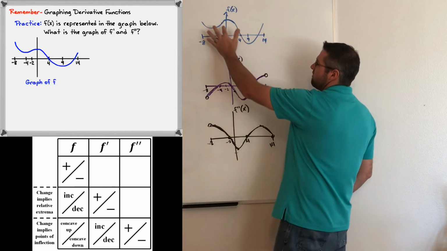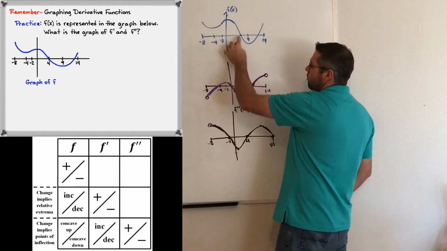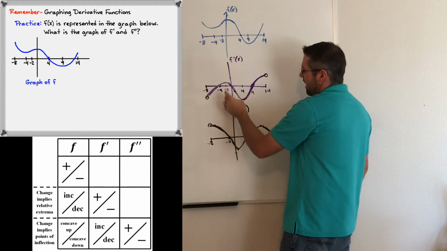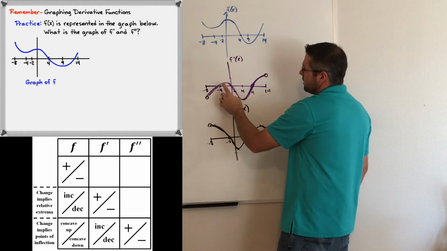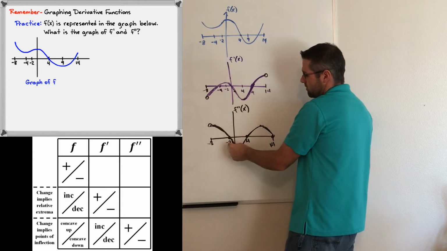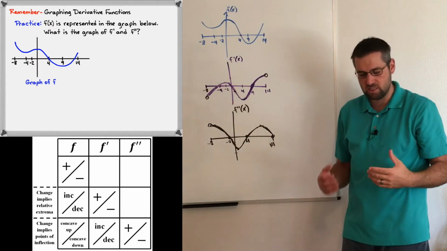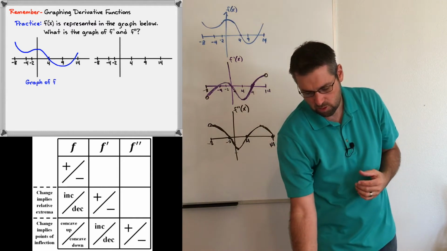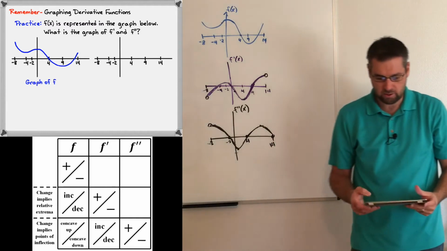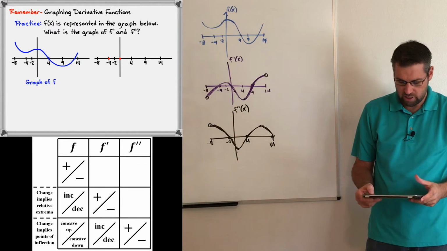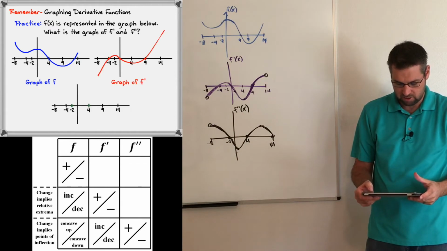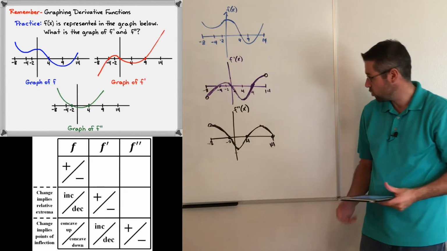When f has a point of inflection, so at -2 and 4, we can see that f prime is changing directions at -2 and 4, and f double prime is changing signs at -2 and 4. So seeing these connections here is a valuable tool in calculus, and that's where the chart really comes in handy, really comes into play in understanding how these relationships work.